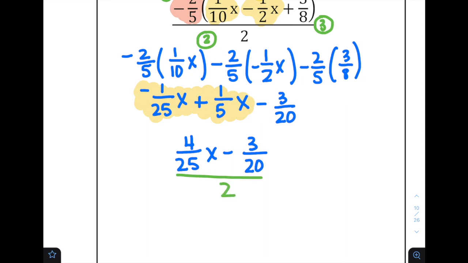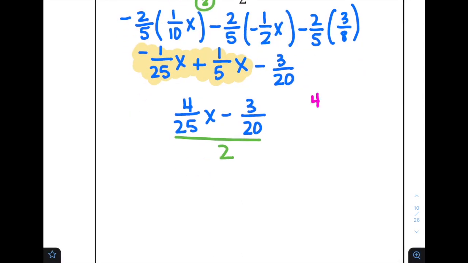Now, when you have your 4/25 x minus 3/20, you have to divide 2 into each value. So you're going to divide 4/25 by 2, negative 3/20 by 2. So we're going to do a little bit of side math. We have 4/25 divided by 2, which becomes 4/25 times, let's use a dot, 1 over 2.